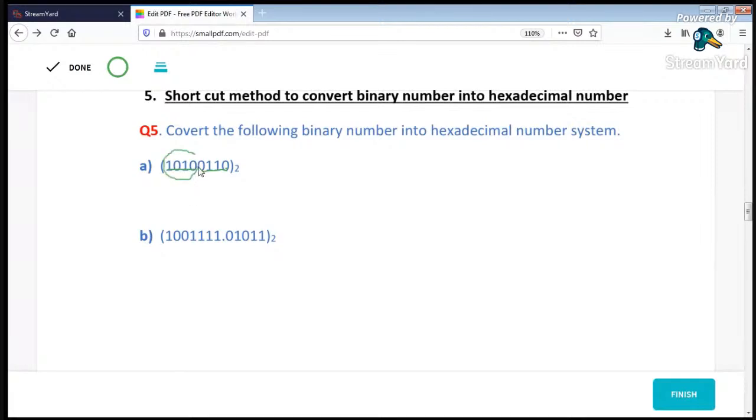This 1010 in decimal is 10, and this 0110 is 6. But in hexadecimal, 10 is represented by the alphabet A. Don't write 10 as it is. So the answer will be A 6.